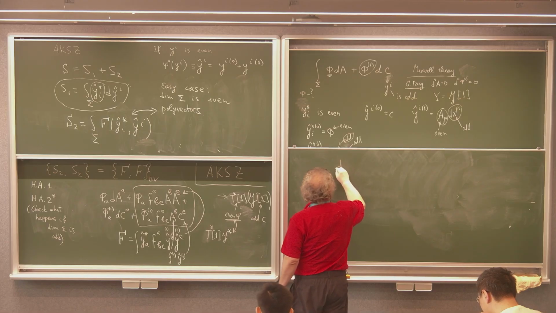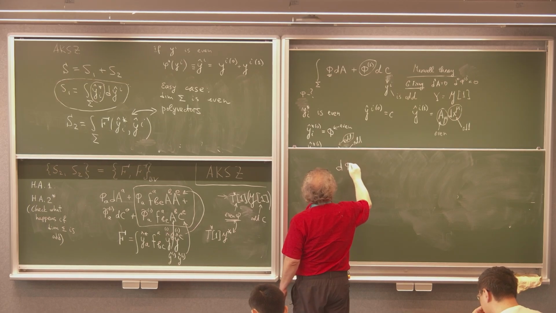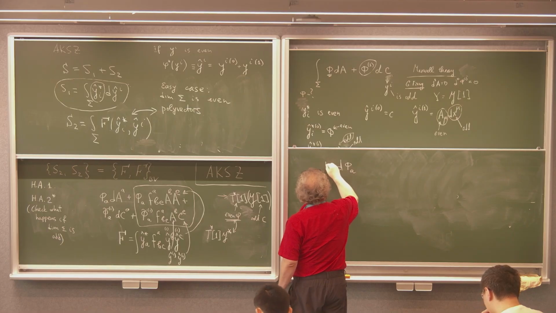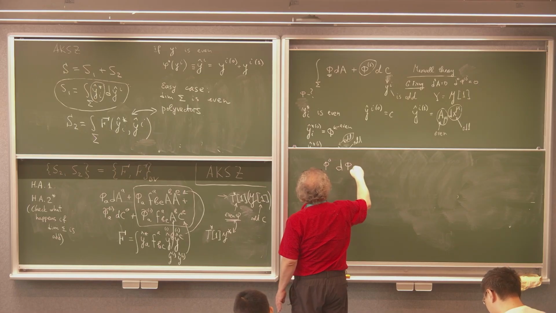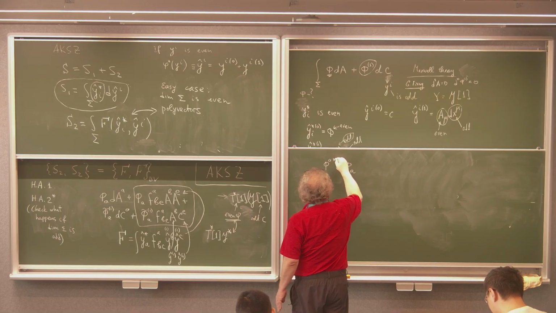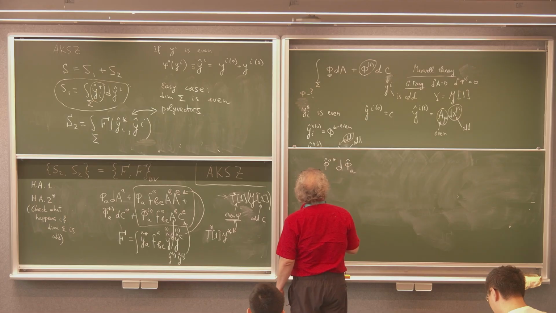So I will rewrite everything then in terms of phi. So the index is down, here the index is up, it is even, it is odd. I'll put hats.